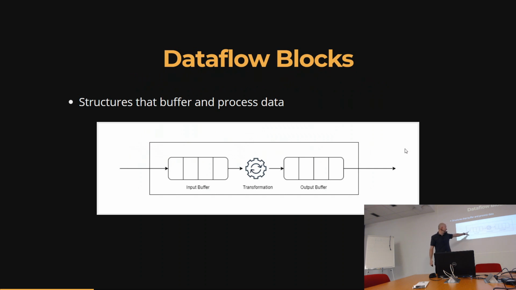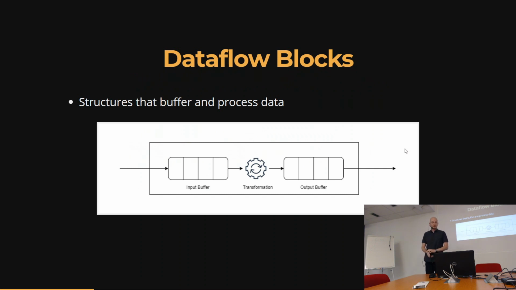It has an input buffer where the data coming into the block to be processed is stored. Then it might have some transformation function that takes the data, processes it, and the output of the transformation is stored in the output buffer.